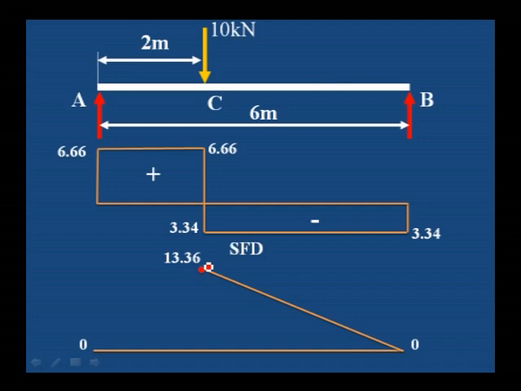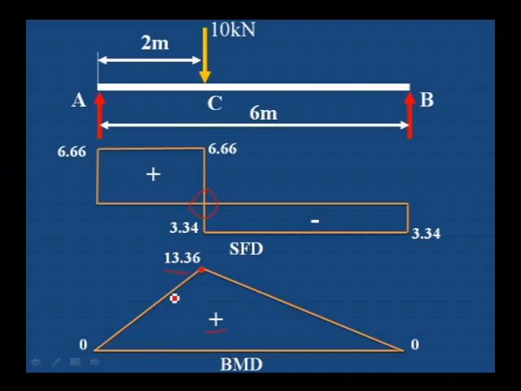Then join the starting point to this central point, this C point. We can observe here 13.36 is the maximum bending moment, where shear force changes its sign. This is a plus value, a sagging bending moment.